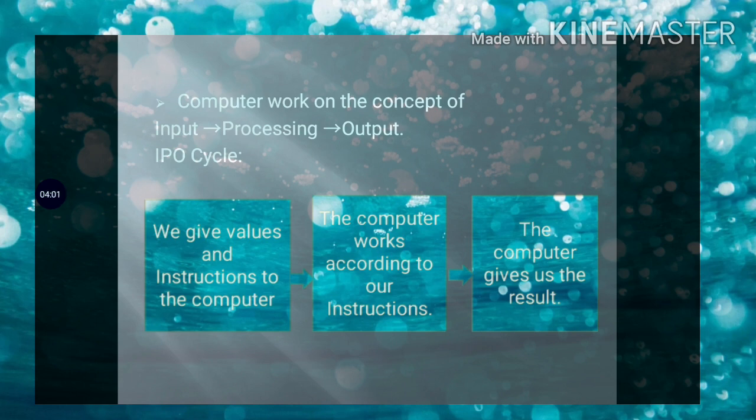Then the computer works according to our instruction. The computer does the addition inside, that is the process, and gives us the result. In the previous example, the result is 11. Right?